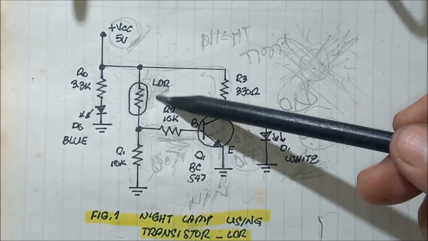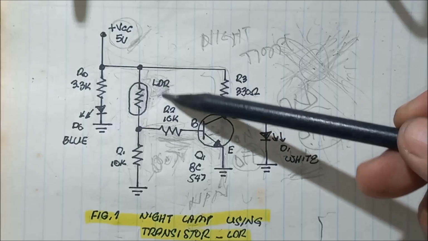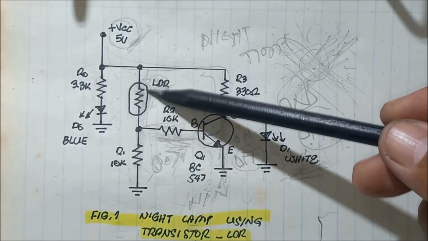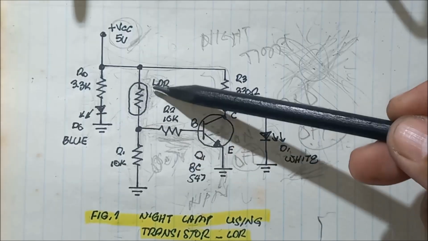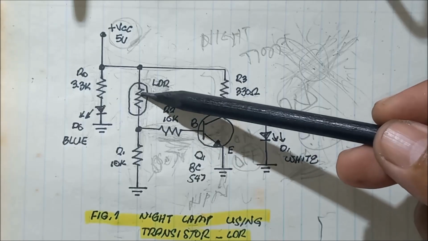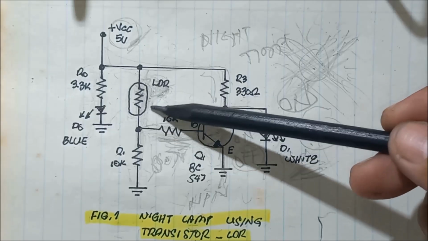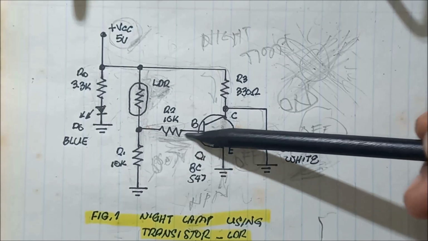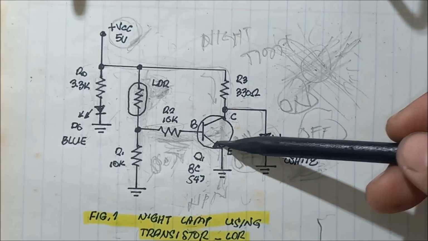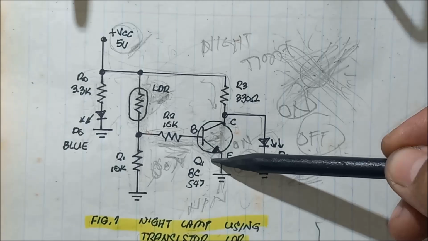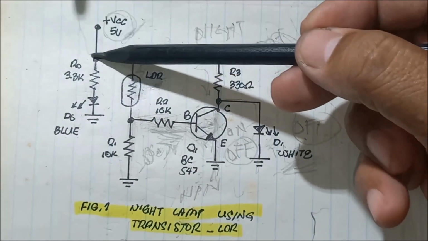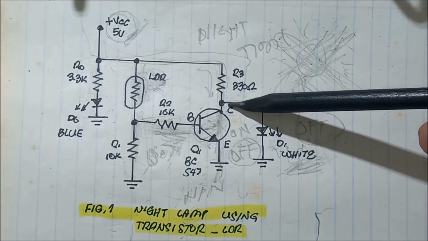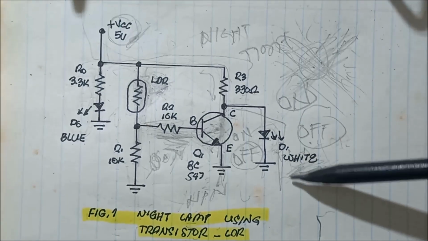The darkness causes the LDR to produce more resistance, so less current flows into the base of this transistor, which makes the transistor turn off. All the current flows into the 330 ohms and then to the white LED.